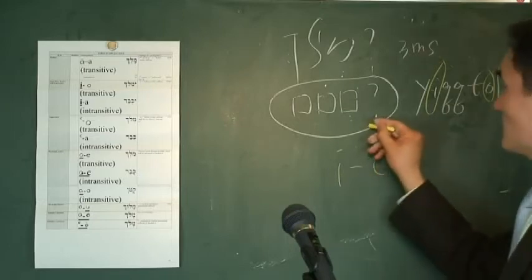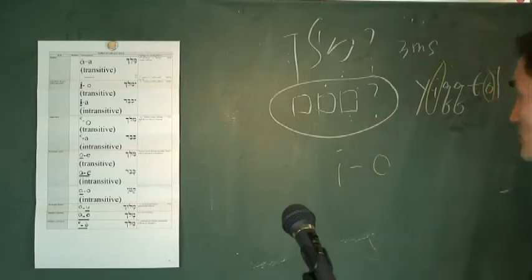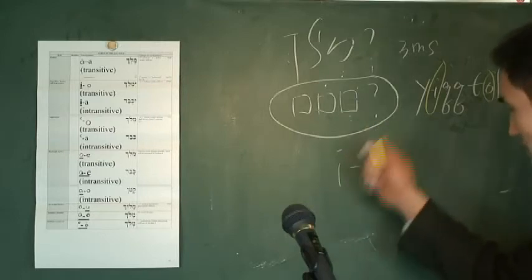Thus, yi and o are vowels used to make the model. We must remember the name Yiktor.